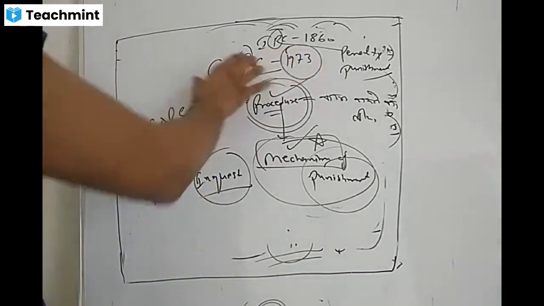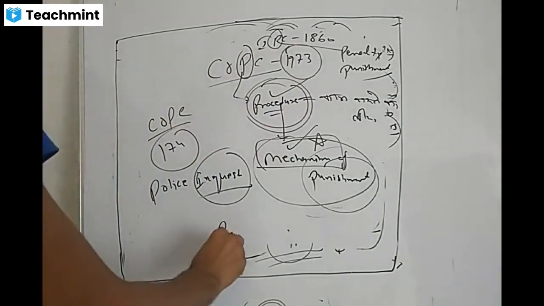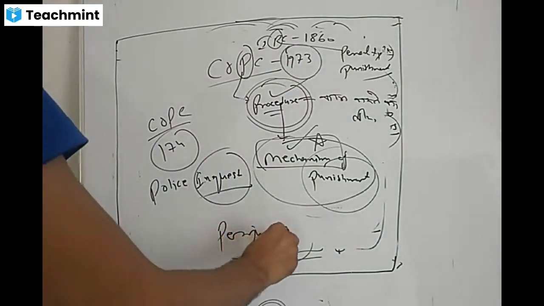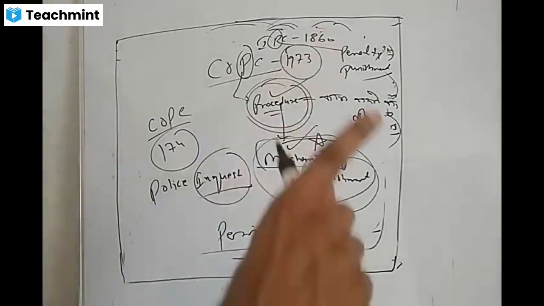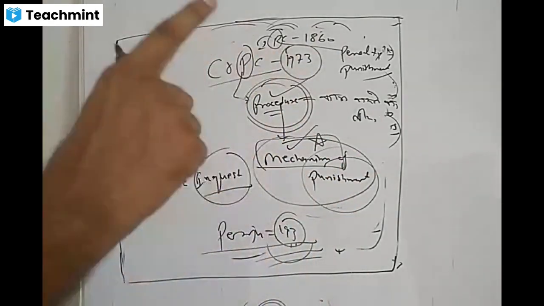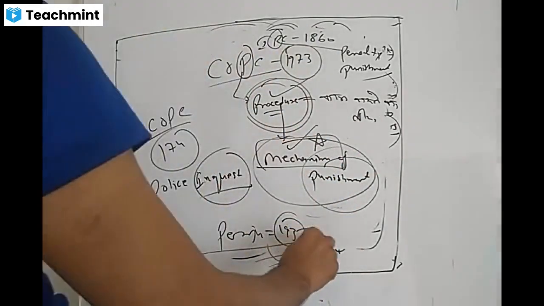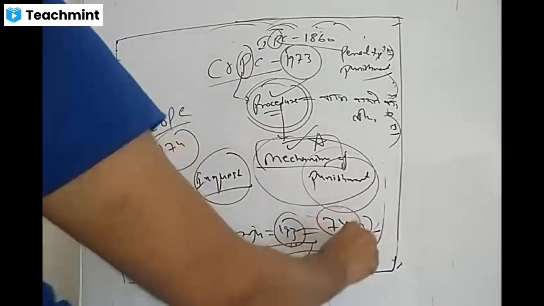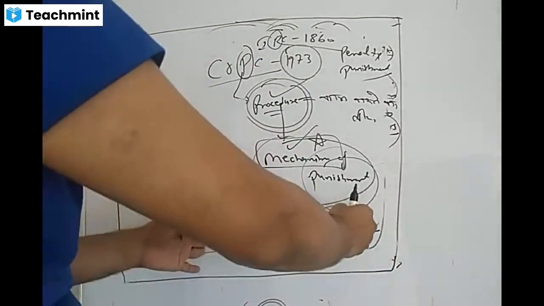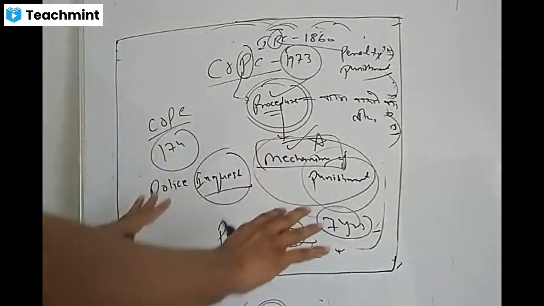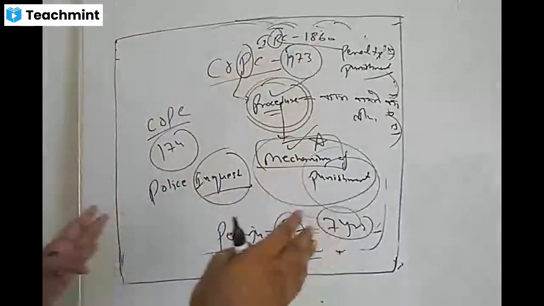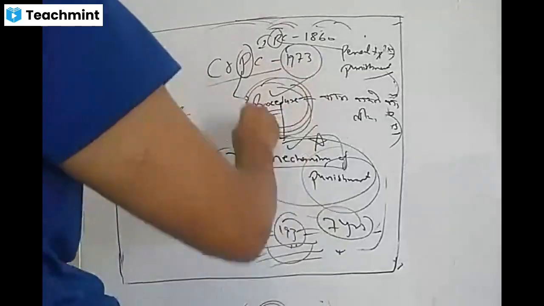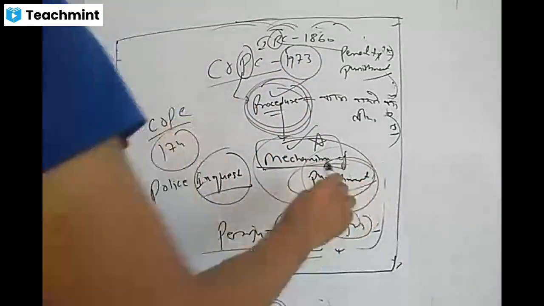So, suppose there is perjury 193. That perjury 193 will tell you about the punishment of the perjury, that is up to 7 years. But this 7-year punishment is not given in your CRPC. So what is given in the CRPC? It is the procedure, it is the mechanism of punishment.